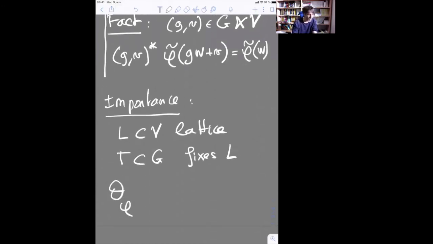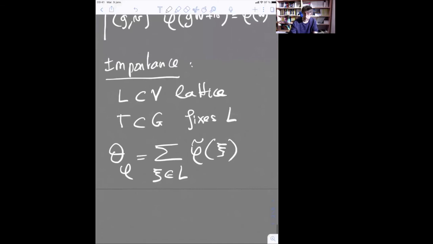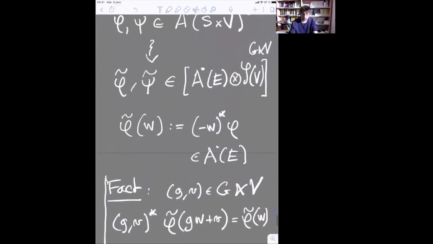Namely, theta of phi will be the sum over all the vectors in the lattice of phi tilde of psi. This, you see, I should say it like that.